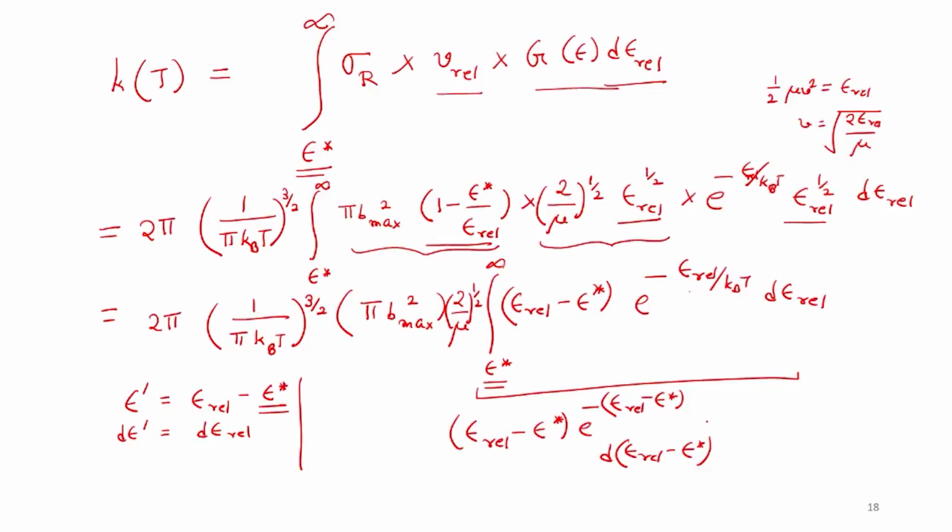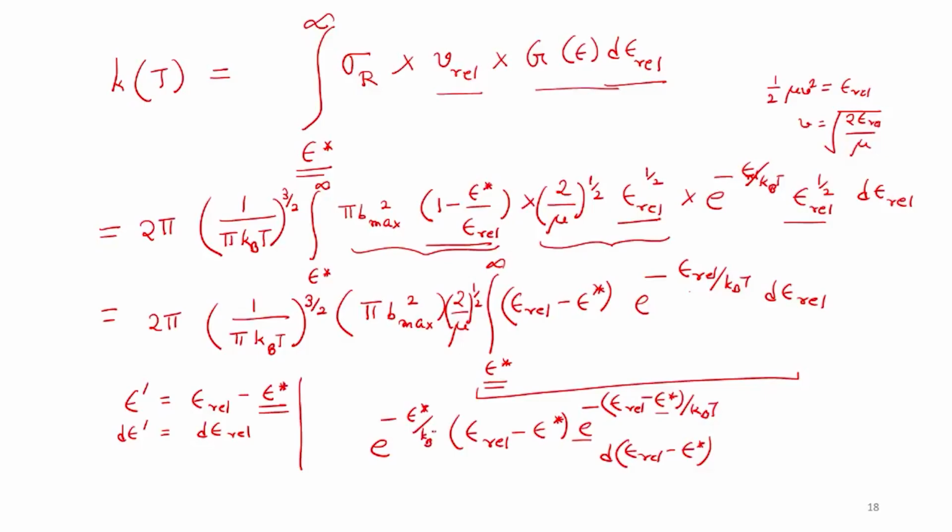But look at what I have done in this process: I have multiplied by an extra factor, which is e to the power plus epsilon star by kBT. I put it inside a bracket, which is why there is a minus sign, so I have to also multiply by e to the power minus epsilon star by kBT.